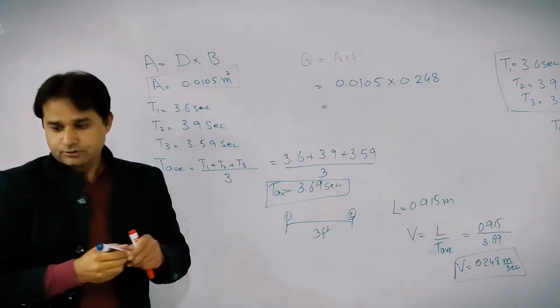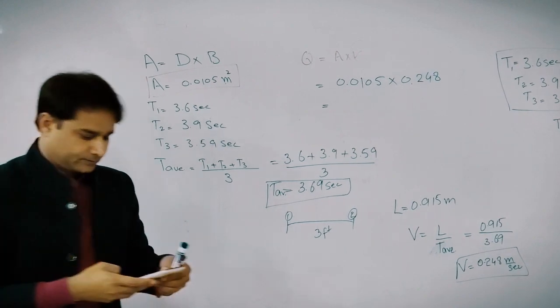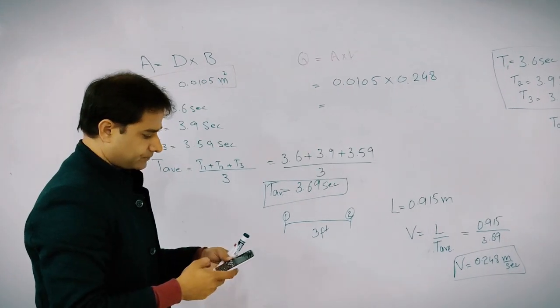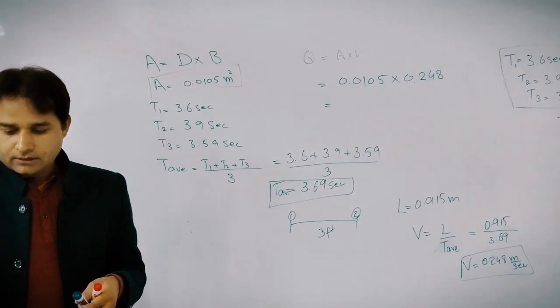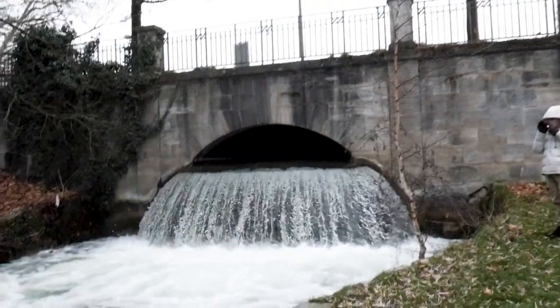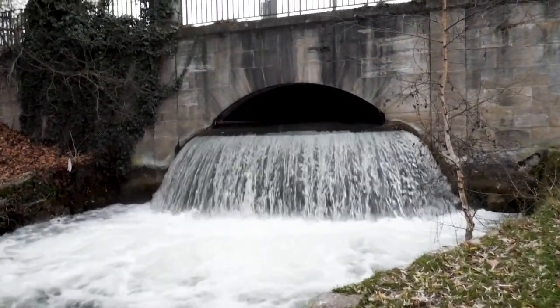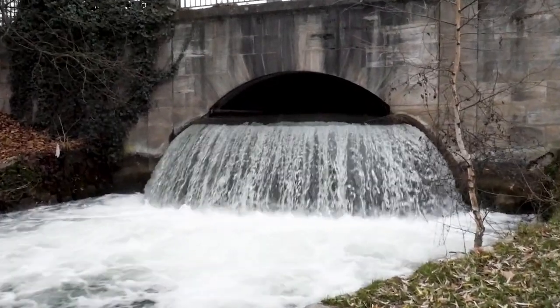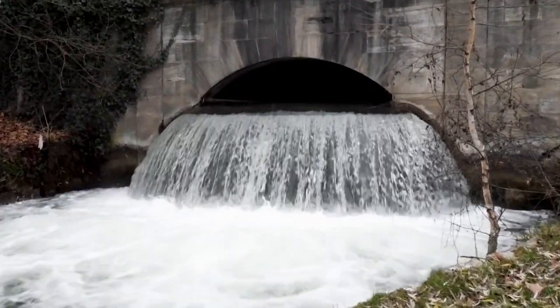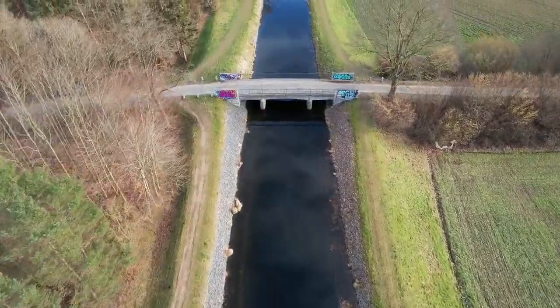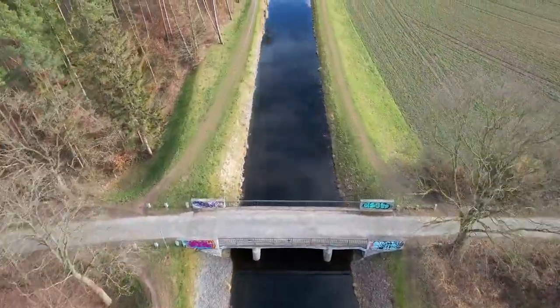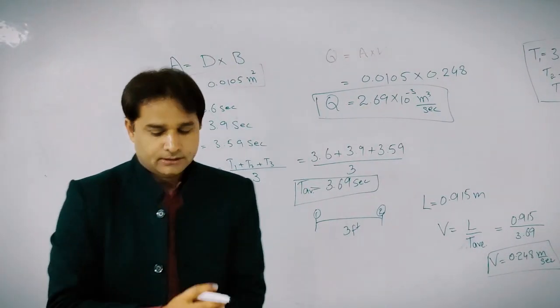By multiplying these two values, our discharge is 2.60 times 10 raised to power minus 3 cubic meter per second. So this is the flow rate or discharge.